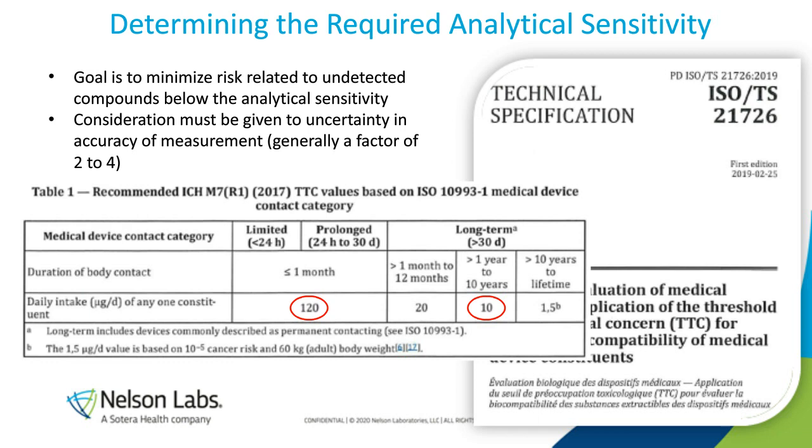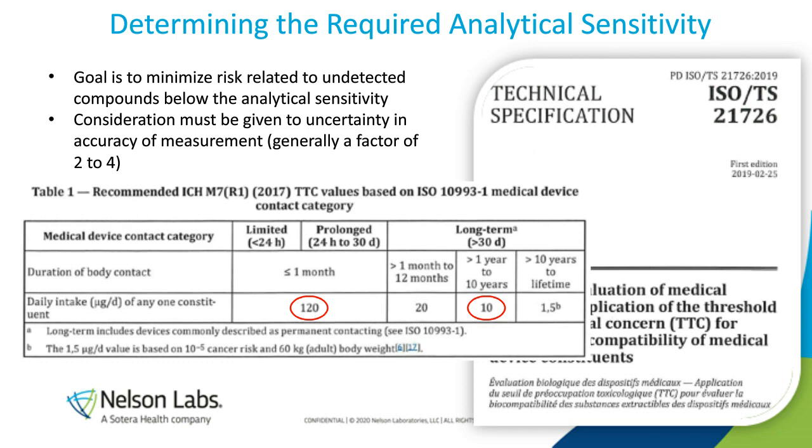The reason this is important is that before you even start doing the chemistry work, you need to understand the contact type and contact duration for the device so that you can pick the right TTC, and so the right sensitivity of the study. The FDA expects all of this to be worked out prior to initiation of a chemistry study, so that you can be sure you're hitting the right sensitivity.